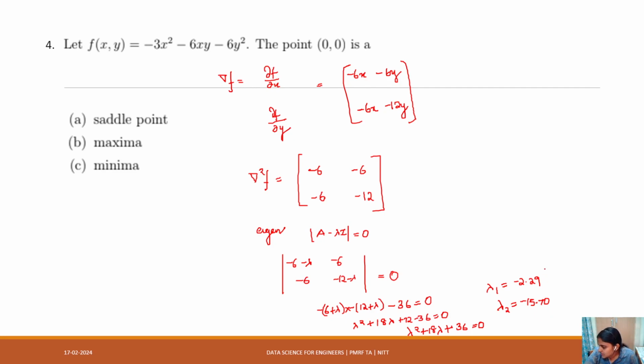So here the eigenvalues are negative, right? People have given A saddle point and C minima. Eigenvalues are negative, so what kind of point will be obtained?